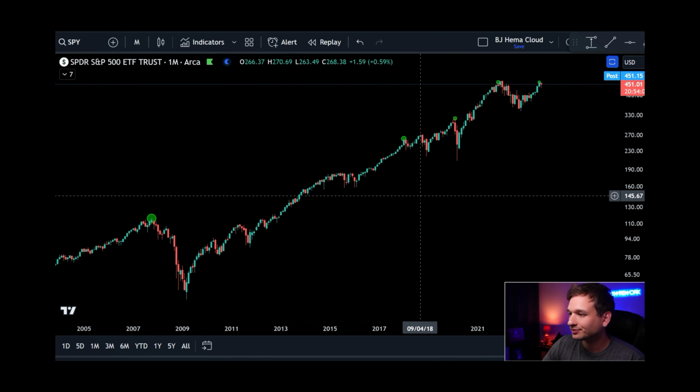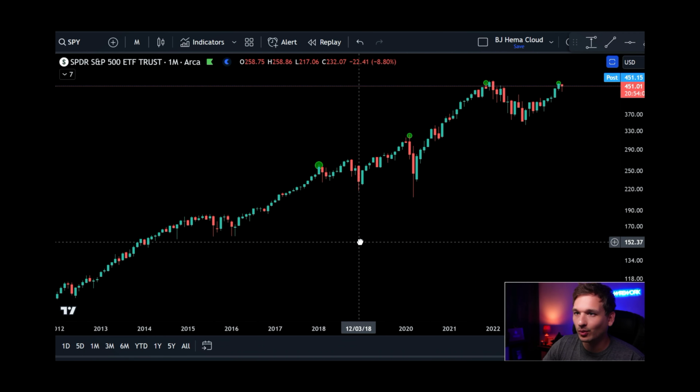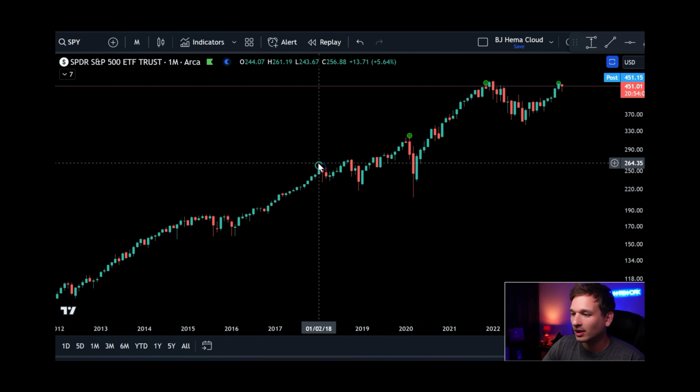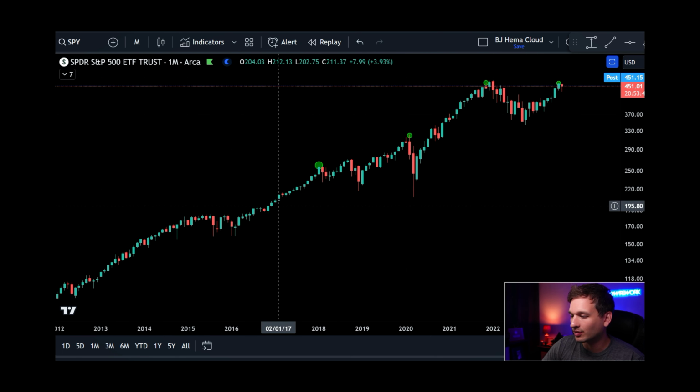Right here, got to zoom in a little bit. We are on the monthly, by the way, and that is January of 2018. I know there was a lot of talk about inflation and interest rates then. Actually, I don't know about inflation necessarily, but what the Fed was doing with interest rates kind of scared a lot of people, I think because the market was going so high.